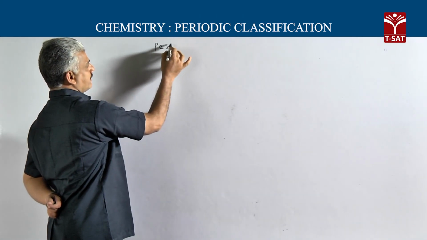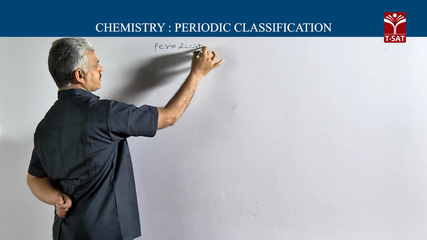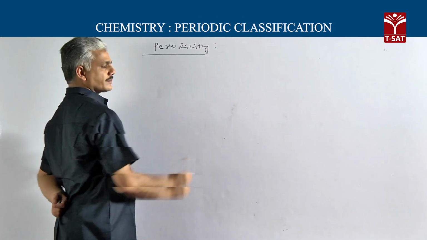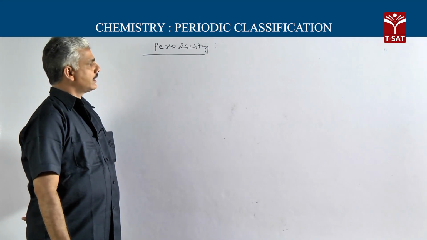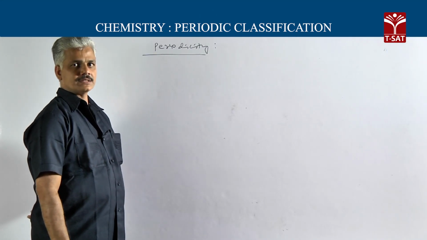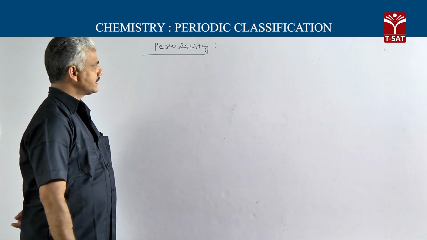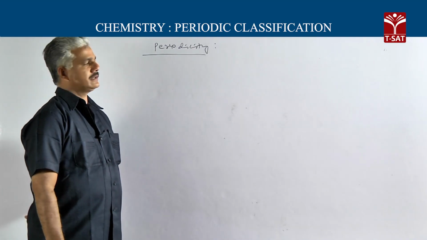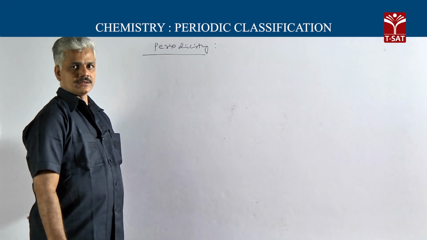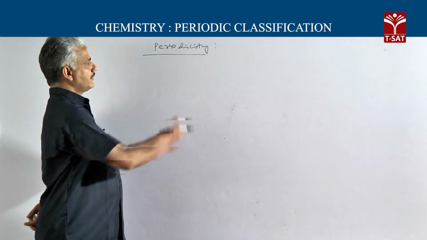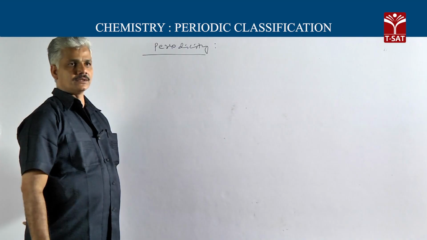First, what is meant by periodicity? Anything that gets repeated at regular intervals can be called periodicity. For example, in a year, the seasons are repeated at regular intervals of time. That itself can be taken as an example of periodicity.